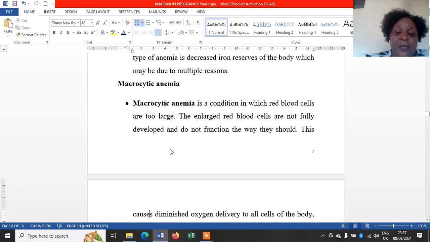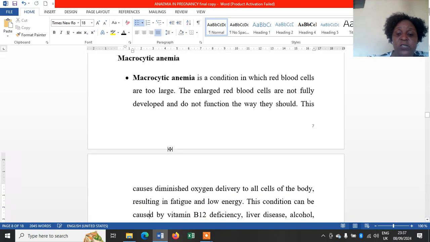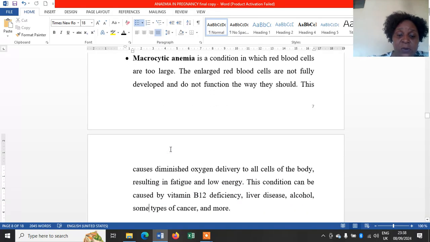And then another term under morphological classification is macrocytic. Macrocytic is the condition when the red blood cells are very large. These red blood cells, first of all, are not fully developed. They are premature and they do not function the way they should. This causes diminished oxygen delivery to the cells of the body, resulting in fatigue and low energy.